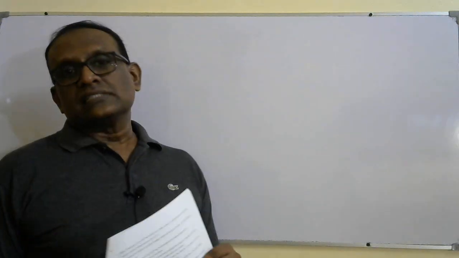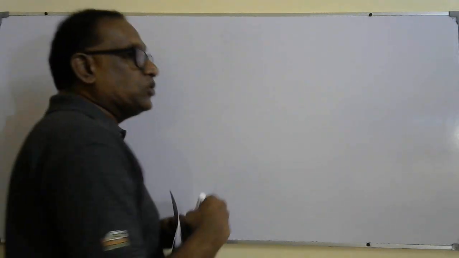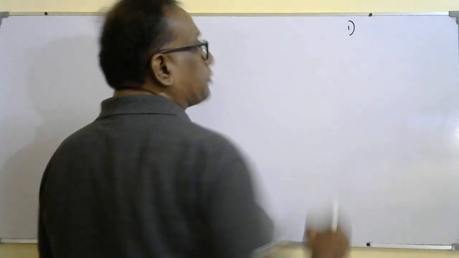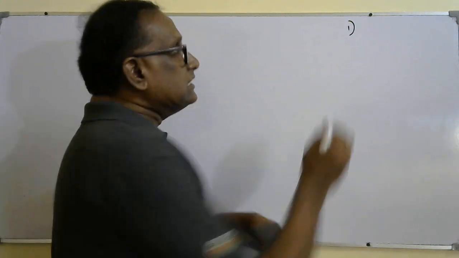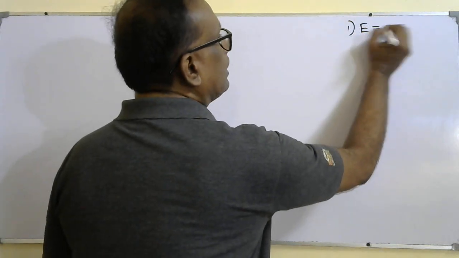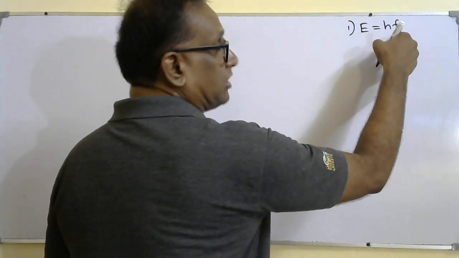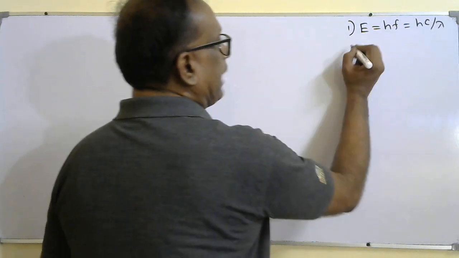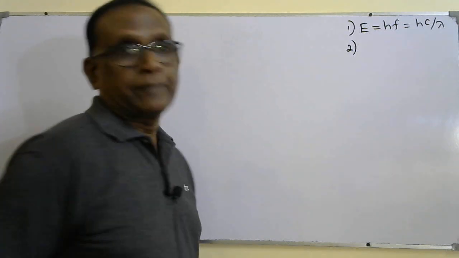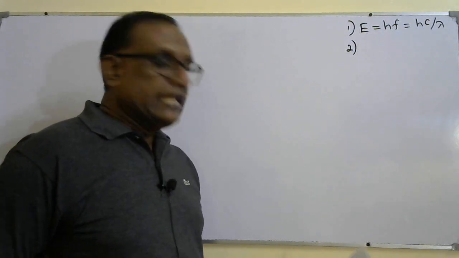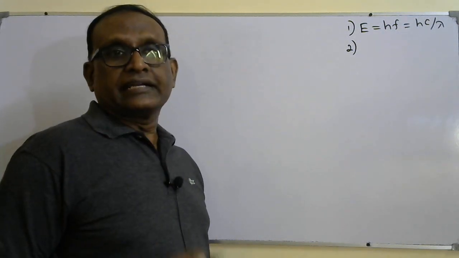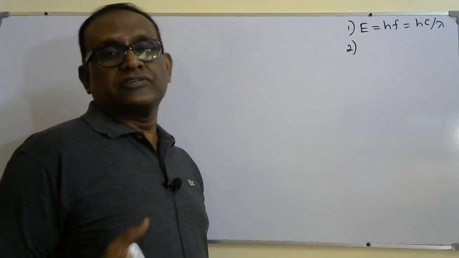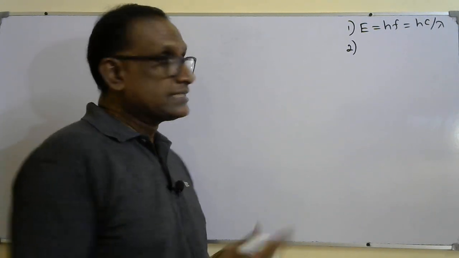Then when we start the equations, we know Max Planck proposed photons. So the energy of a photon is given by E equals hf, but f equals c over lambda, so it could be hc over lambda. h is the Planck constant given in the data sheet. Then we must know the minimum frequency required to remove an electron from the surface of metal is called threshold frequency.